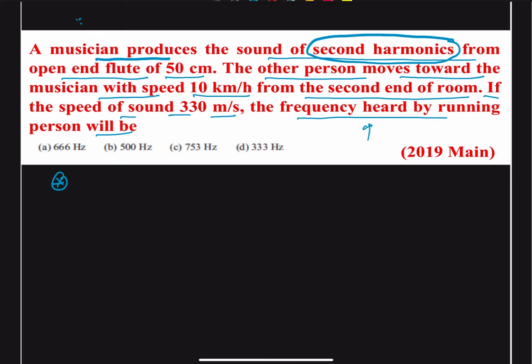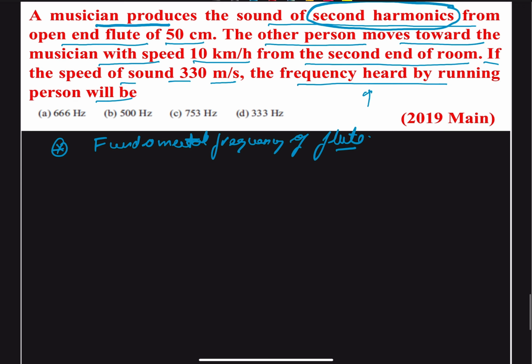So we start with the fundamental frequency of the flute. And we are given that it is an open-ended flute.